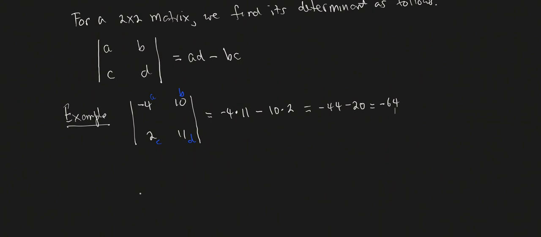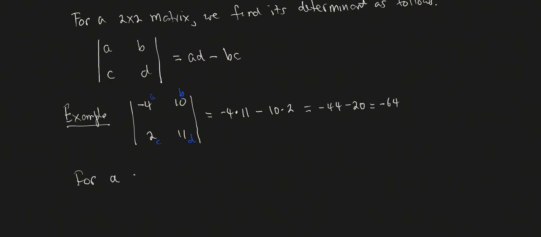Now, for the 3 by 3, we're going to use a specific process called a cofactor expansion. It sounds fancy, and again, I'm not going to get into everything entailed in it, but essentially for a 3 by 3 determinant, we're going to break it down into a combination of 3 2 by 2 determinants.